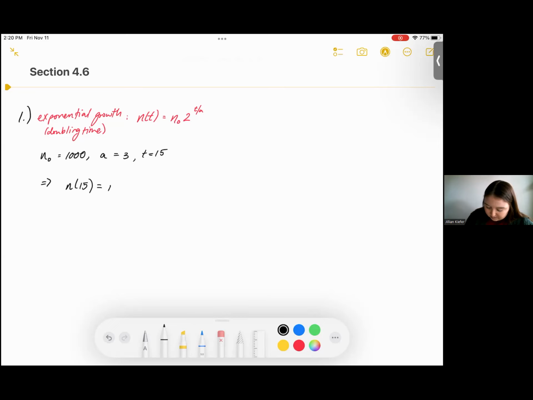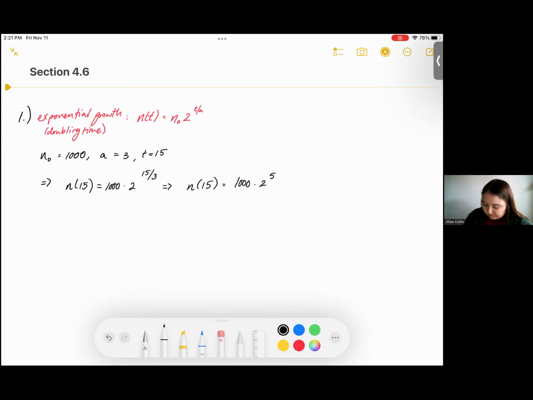This is equal to n naught, which was 1,000, times 2 to the power of t, which is 15, divided by a, which was 3. So we have 1,000 times 2 to the power of 15 over 3. We can simplify that a little bit. 15 divided by 3 is 5. So n of 15 is equal to 1,000 times 2 to the power of 5.